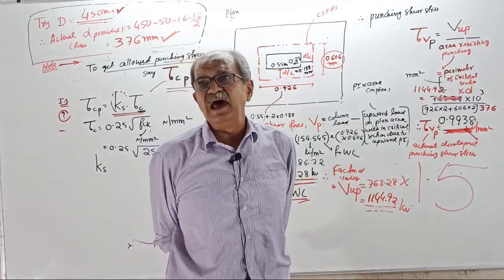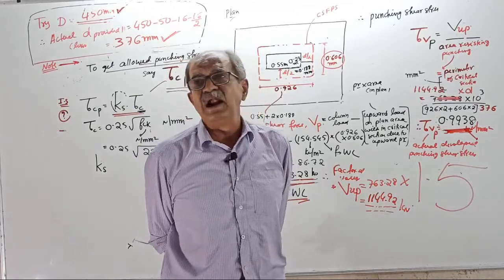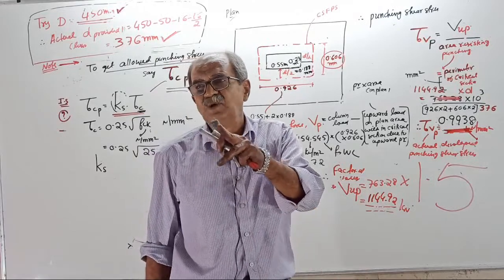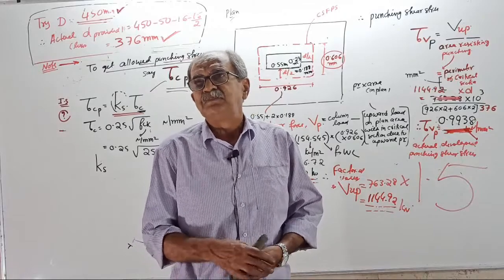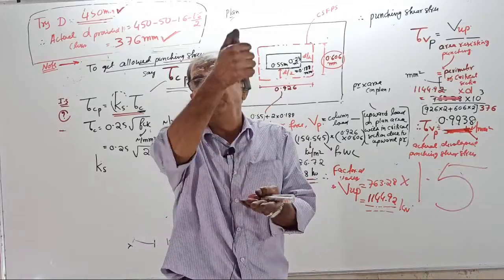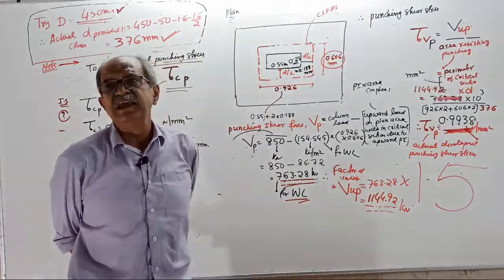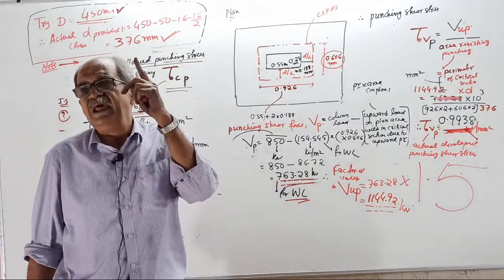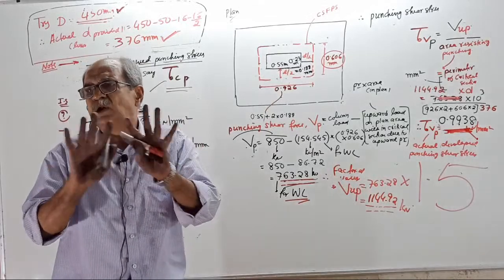They told ratio within 2: 400 by 800, 200 by 400, but not 200 by 500. Why? It becomes more. In such cases, tell me, is the punching somewhat uniform or non-uniform? Only people from RCC. Others can keep quiet.